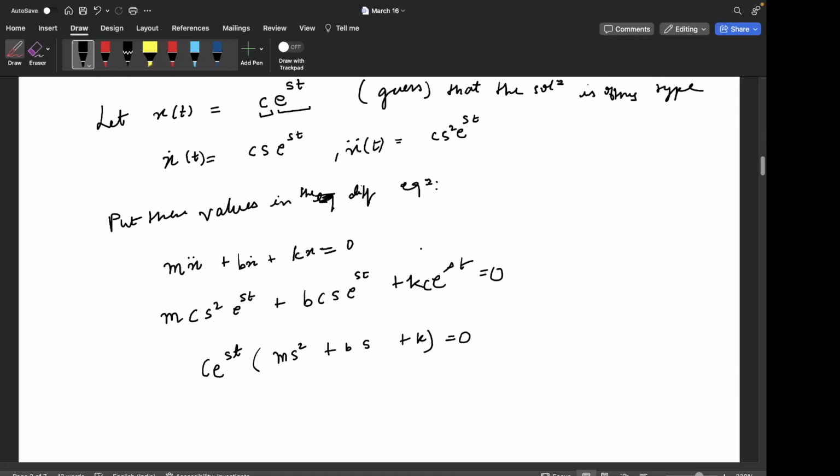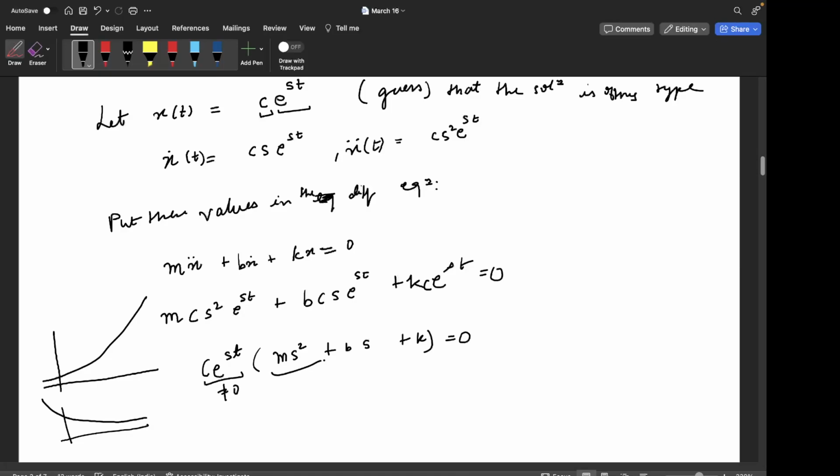And e to the power st is the exponential function. So the exponential function either goes like this, or for negative it goes like this, right? So it's never exactly 0. So this term cannot be equal to 0.